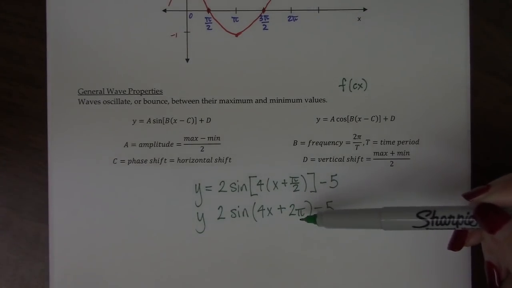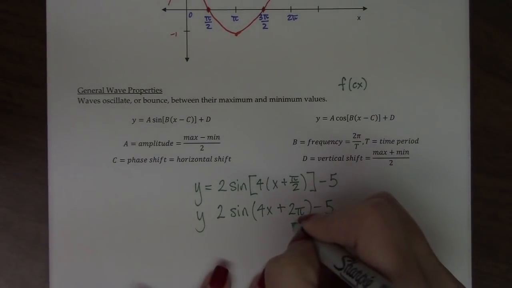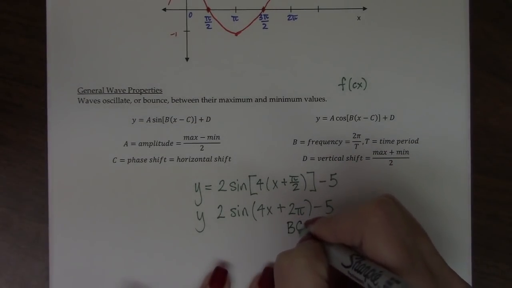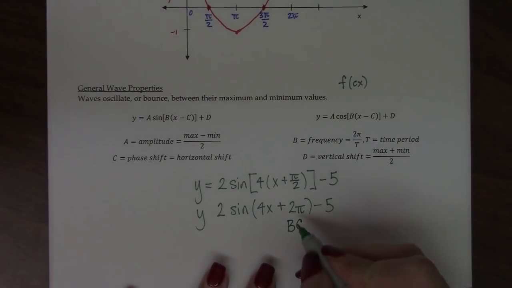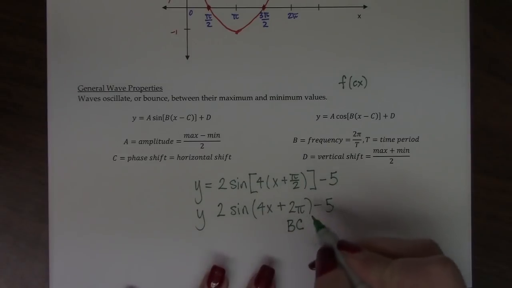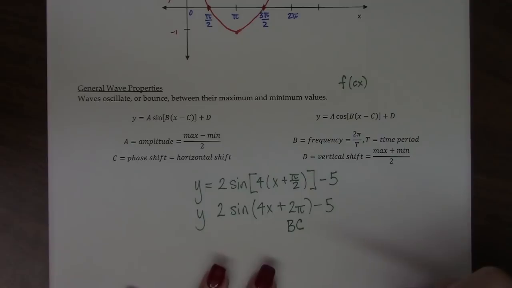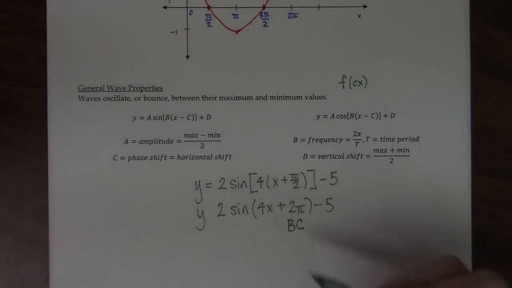And that's not what actually happened. This number, when it's written in this form, is really the frequency times the phase shift. You would need to divide by your b value to actually see the phase shift. If I take 2 pi and divide by 4, it factors it out, and I can see the phase shift was actually pi over 2.